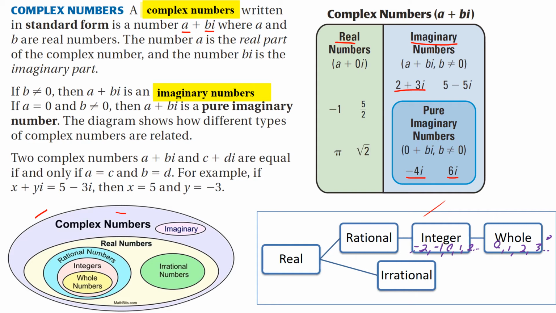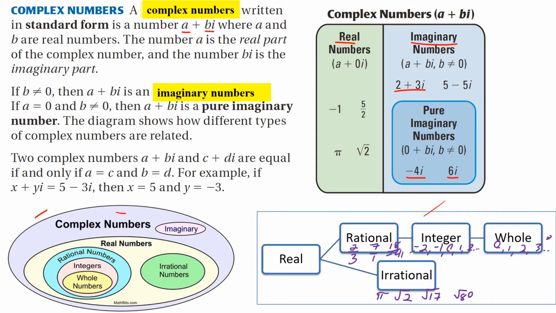So 2/3, 7/1, 18 over -41, all that. And all of those numbers are real numbers, as are irrational numbers. Pi, square root of 2, square root of 17, square root of 80.